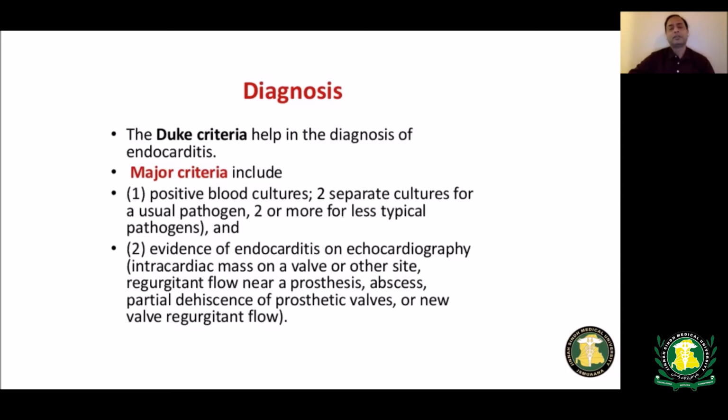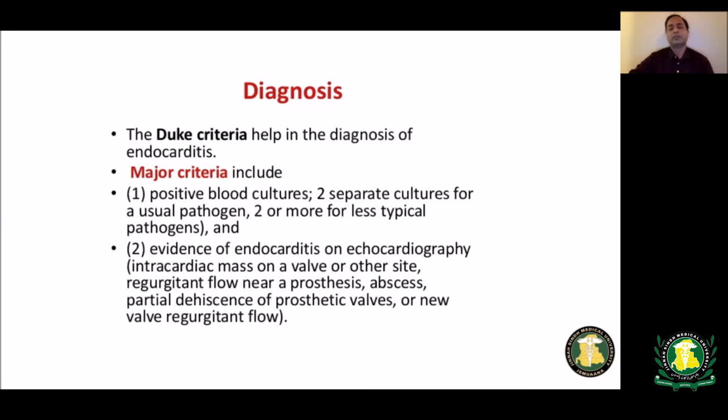So Duke University developed these criteria. There are two major criteria to diagnose infective endocarditis. One is blood culture. So a patient has to have blood cultures in two separate bottles, at least 2 hours apart, or most 12 hours apart.